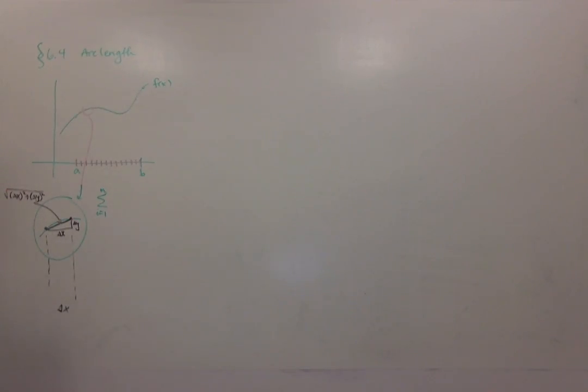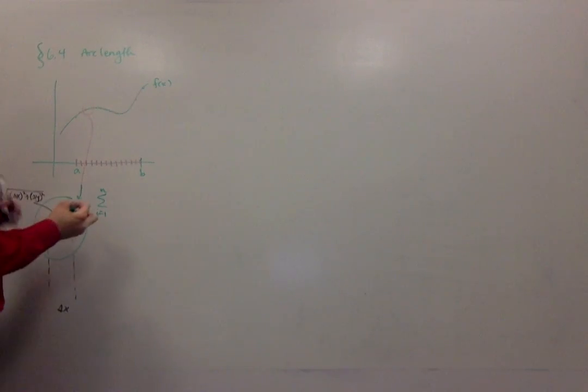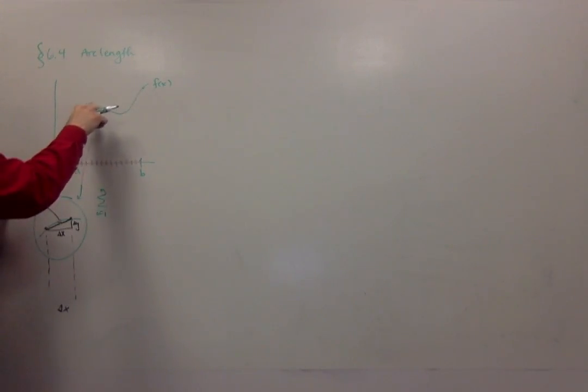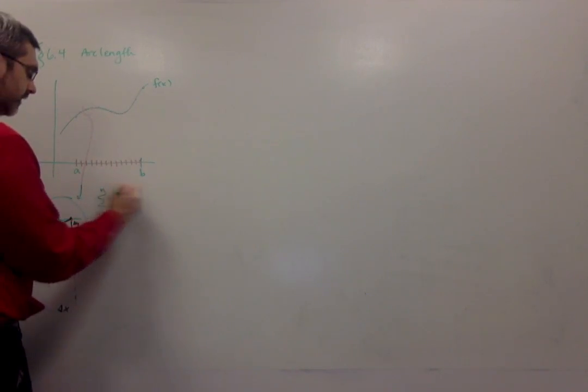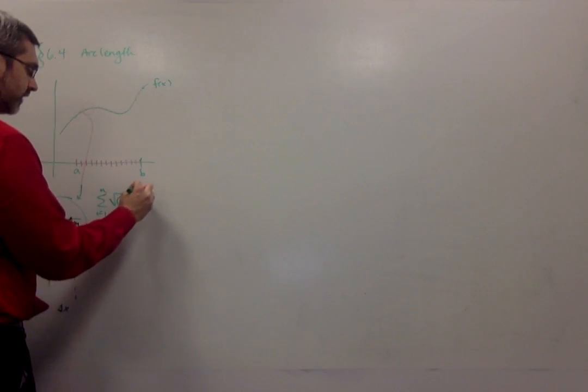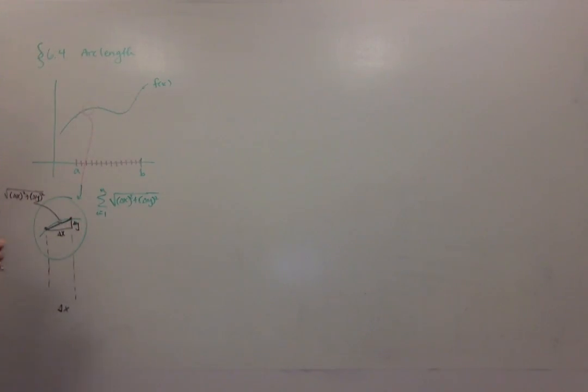So on each of these regions, region 1, 2, 3, 4, all the way up to n, instead of the length of the curve, which I can't get, I'm going to take the length of the straight part, which is the square root of delta x squared plus delta y squared.